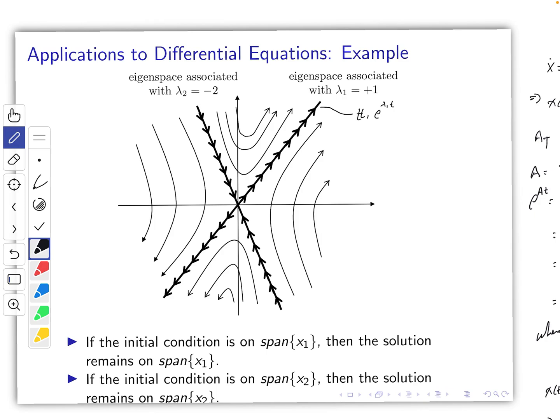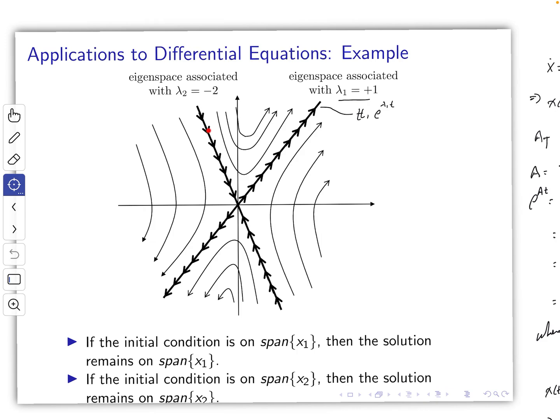In this particular case, it is unstable because the eigenvalue is positive 1. And so solutions to the equation, these arrows are showing solutions. If my initial condition is right on this eigenvector, it's just going to go out.